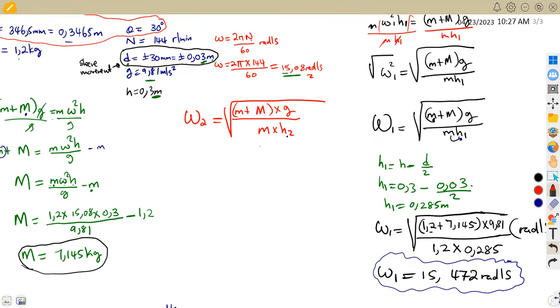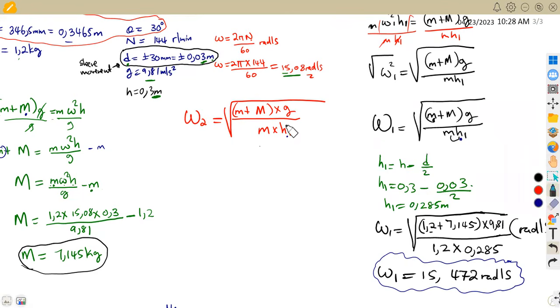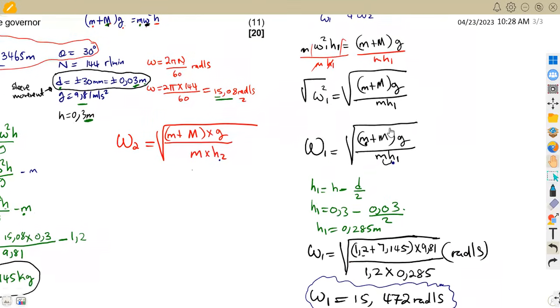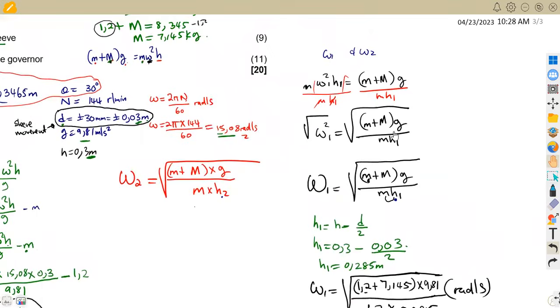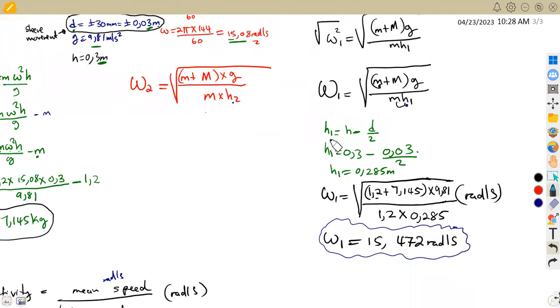Just like what we saw from our H1, our H2 this time is going to be the addition. Let me show you where we had our H1. Here we had our H1.